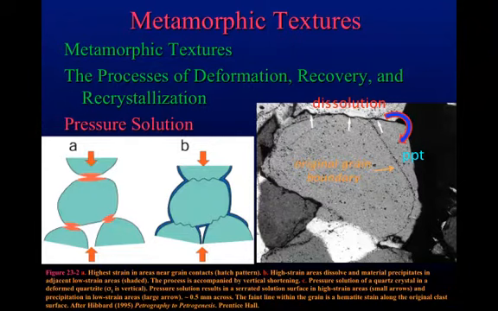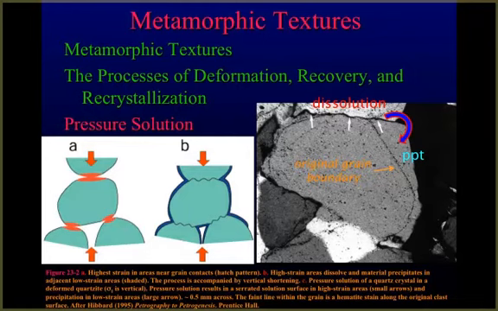And some of this recrystallization that we see in metamorphic rocks results from dissolution and recrystallization of minerals. So here's an example. This might be garnet grains, and this happens to be called pressure solution, where you're getting dissolution of the quartz along the grain contacts, and then recrystallization somewhere else, perhaps on the outside of the old crystals.